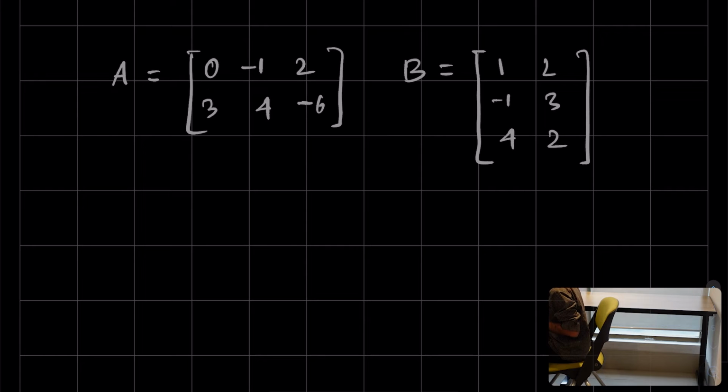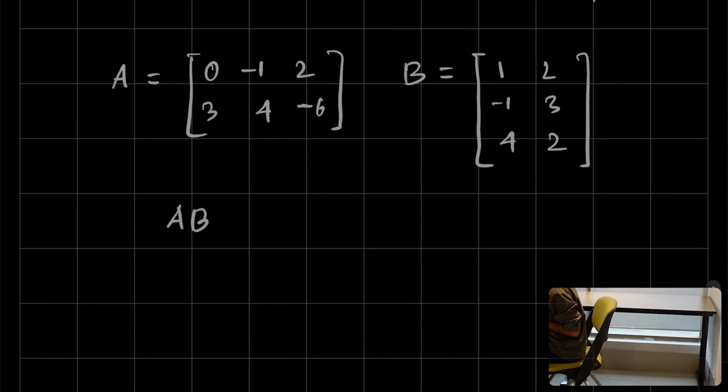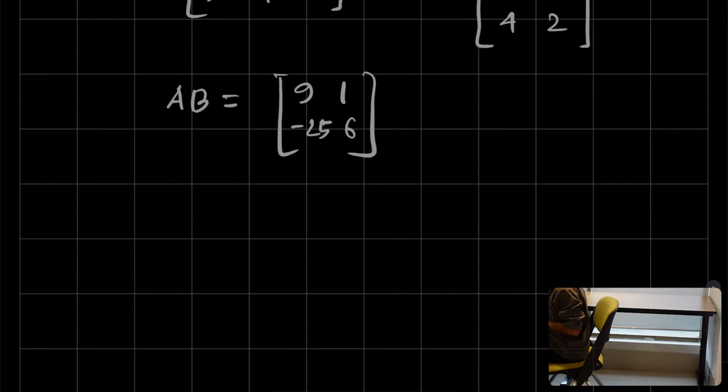So finally, for the AB multiplication, can you tell me the size of the matrix that will come after the multiplication? It is a 2 cross 2 matrix, and so AB will be 9, 1, minus 25, 6.